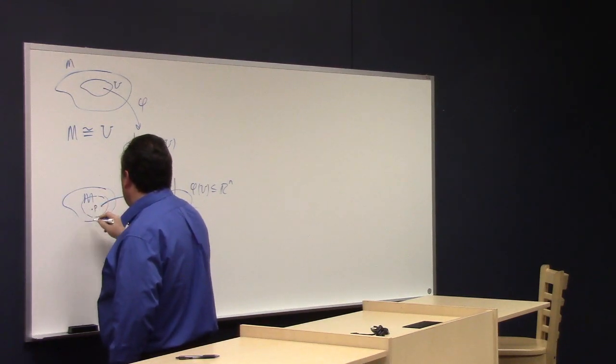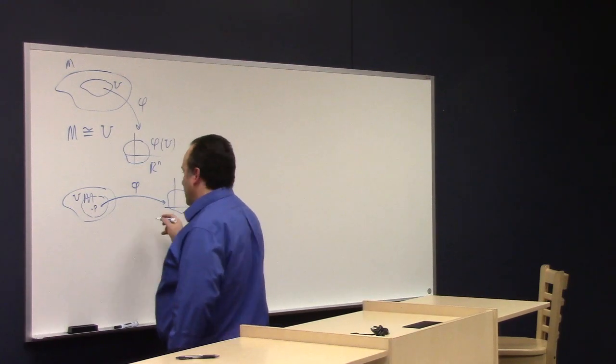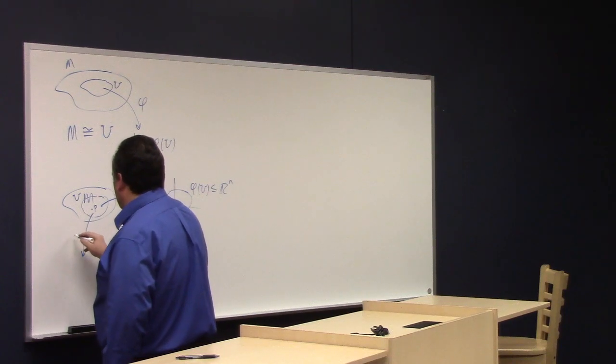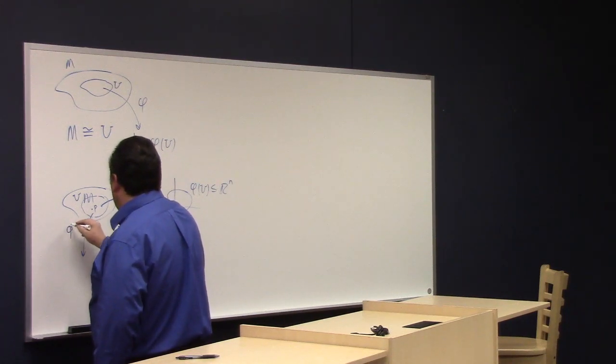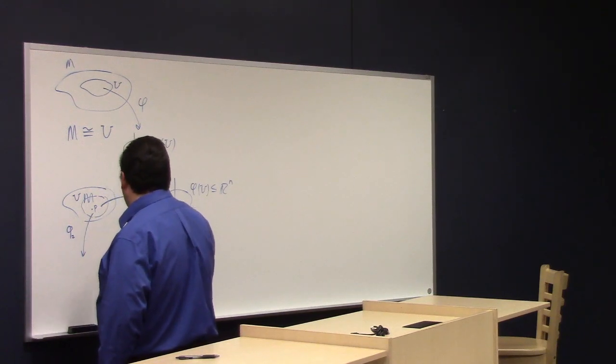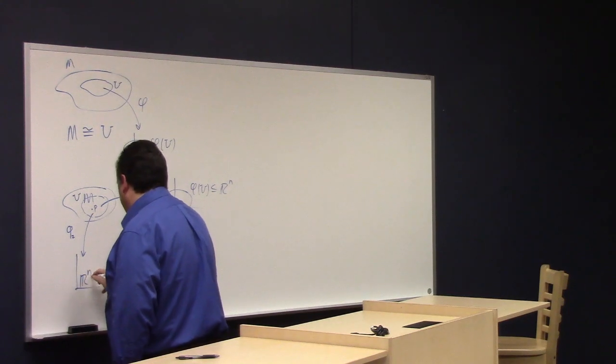If this point is p, it's inside the chart domain U, right? Let's suppose that this is phi 2, which is also a chart domain there, that goes down here to R^n.